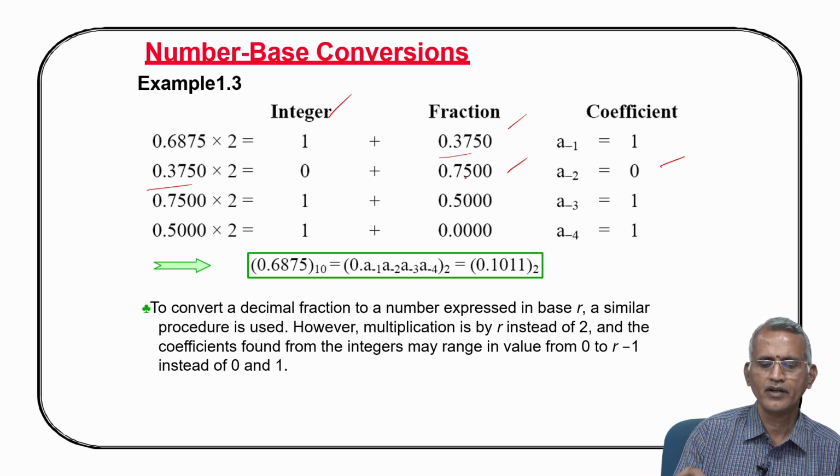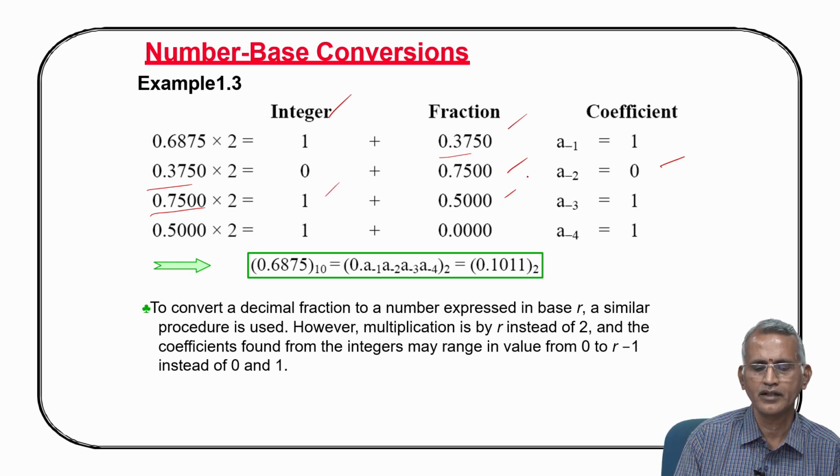Next, 0.7500 multiplied by 2 becomes 1.5000, the integer is 1 and the fraction is 0.5000, therefore a suffix minus 3 is 1. Then 0.5000 multiplied by 2 gives 1.0000, therefore the integer is 1 and the fraction is 0, therefore a suffix minus 4 is 1.